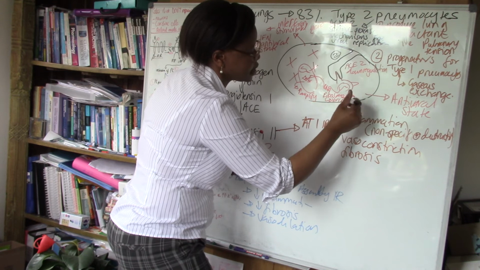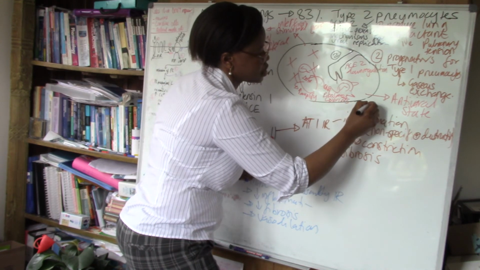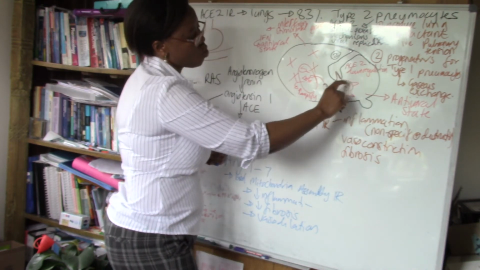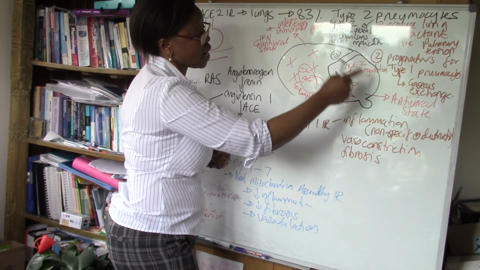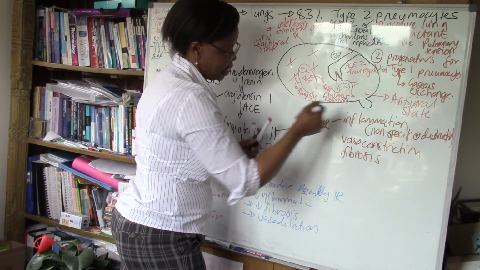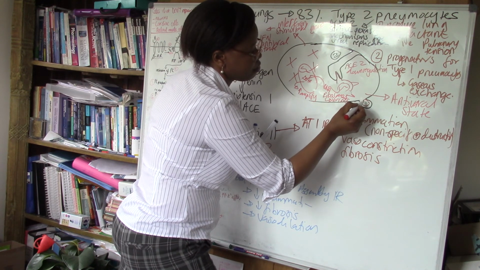The virus will also use our ribosomes to make all of these proteins that it needs, the S protein, the membrane, the nucleocapsid, everything, and then its RNA will be packed again into little virions that then bud off.